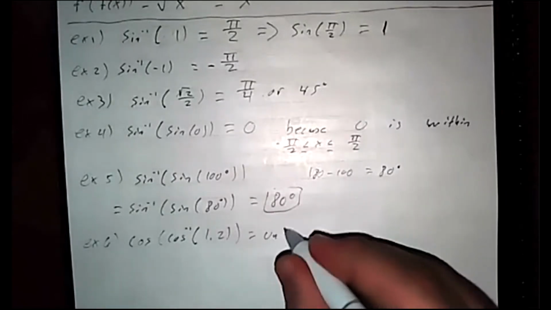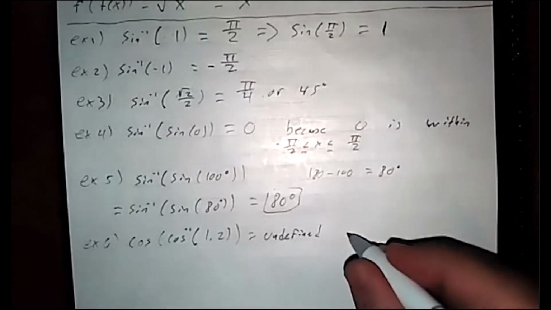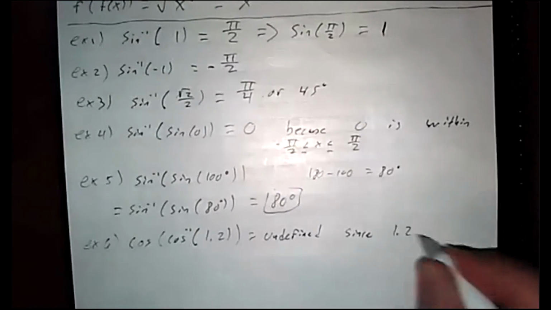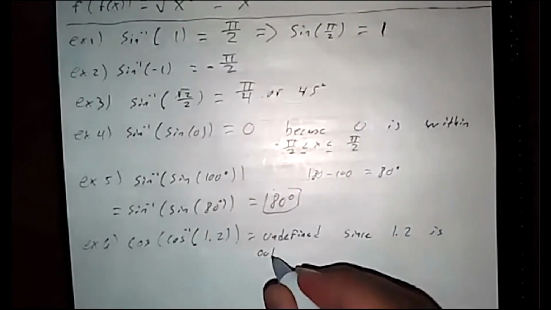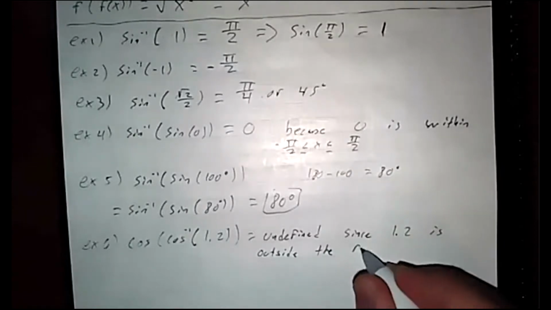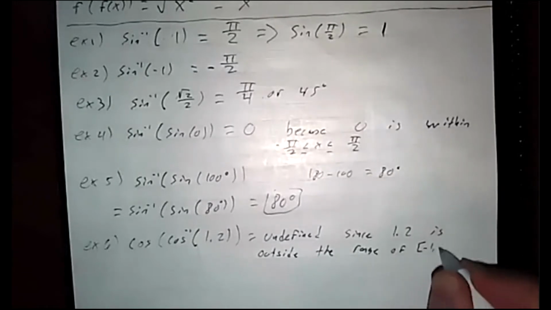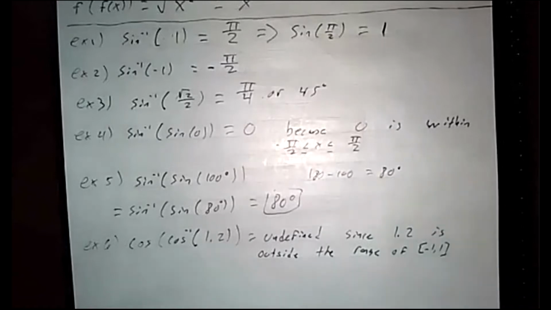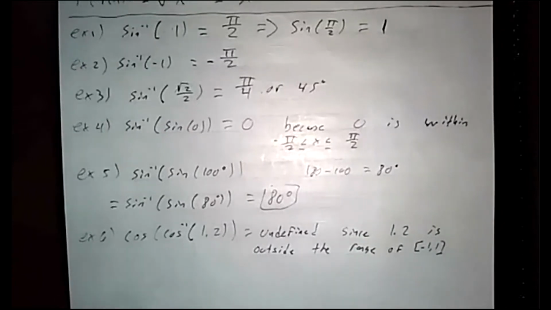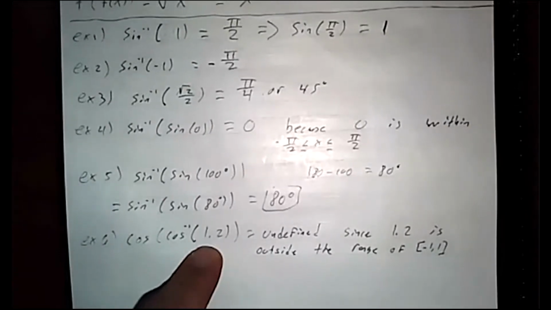So that would be undefined, since 1.2 is outside the range of -1 to 1. Does that make sense? So it'll cancel and give you whatever's in here if it follows the rules.